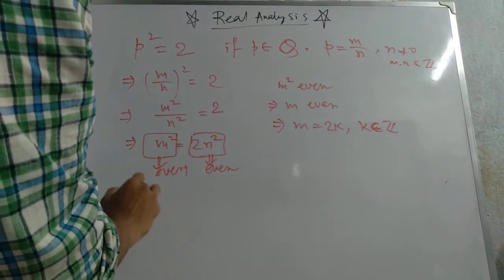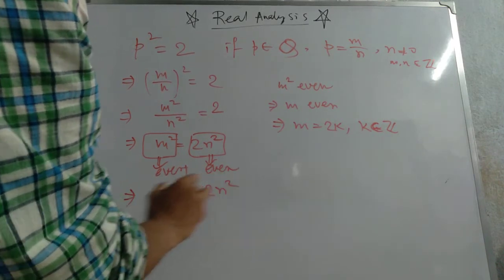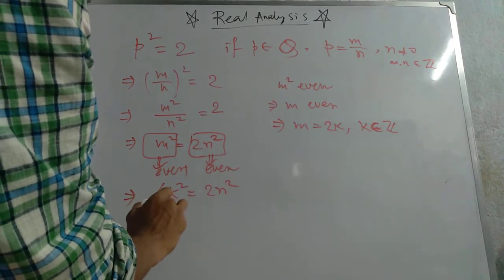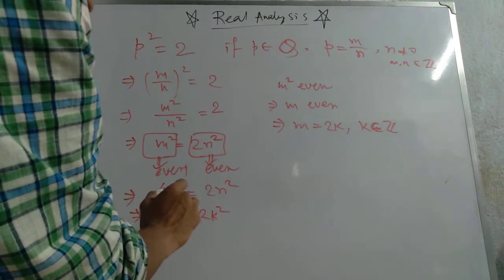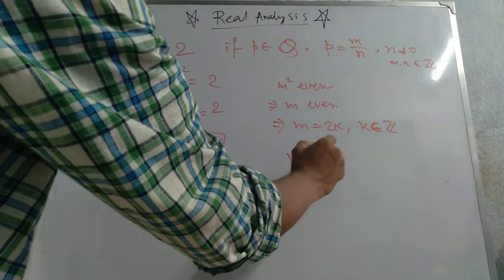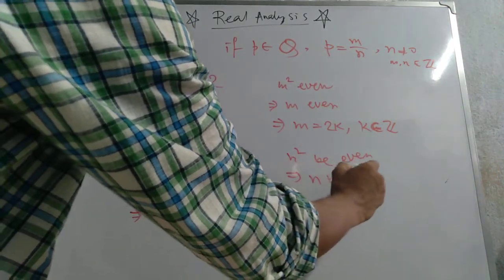Then we put it here, and we get 4k square equal to 2n square. This implies that n square equals 2k square. That means n square is even, and this implies that n is even.